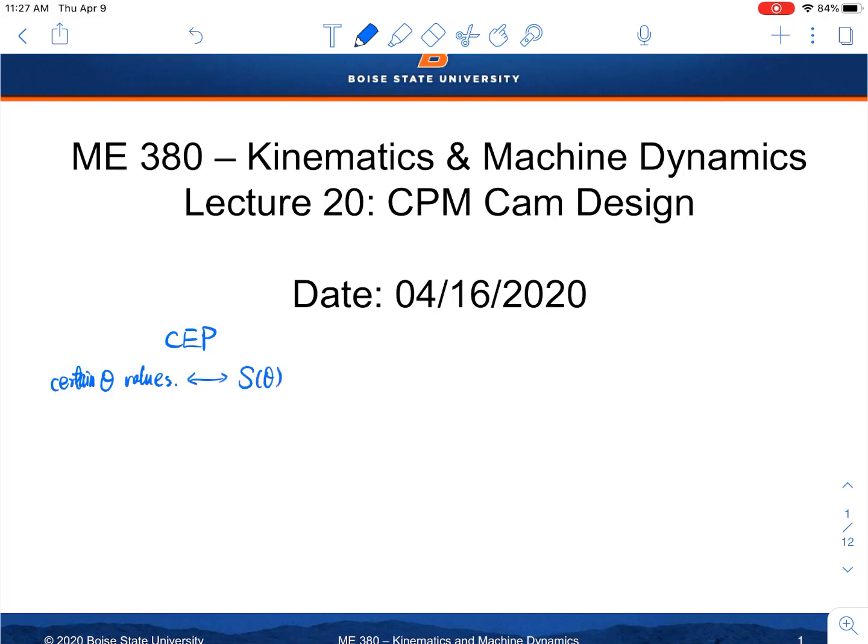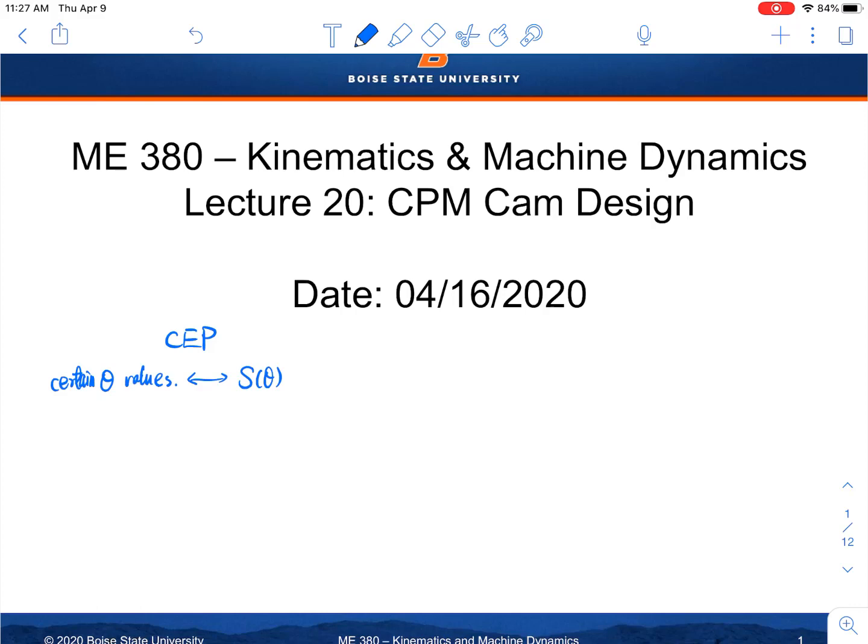Okay, so that's our design objective. You want to make sure your S theta reaches a certain position at some given theta values. So in that case, we don't care about velocity, acceleration, or jerk. So that's why the design is actually relatively easy.